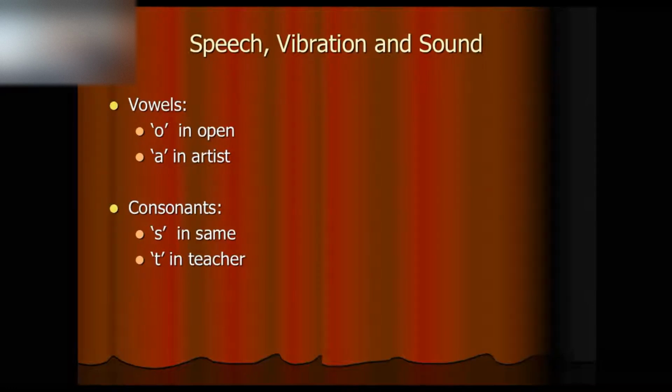For example, S as in same, T as in teacher. So vowels, O, R, consonants, S, T. Our vocal cord vibrates differently for the two kinds.